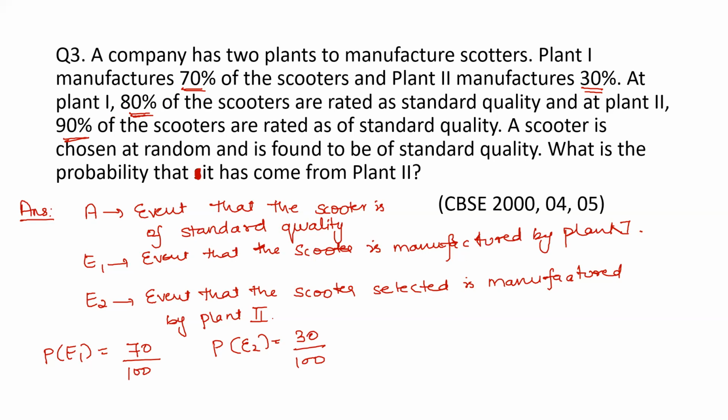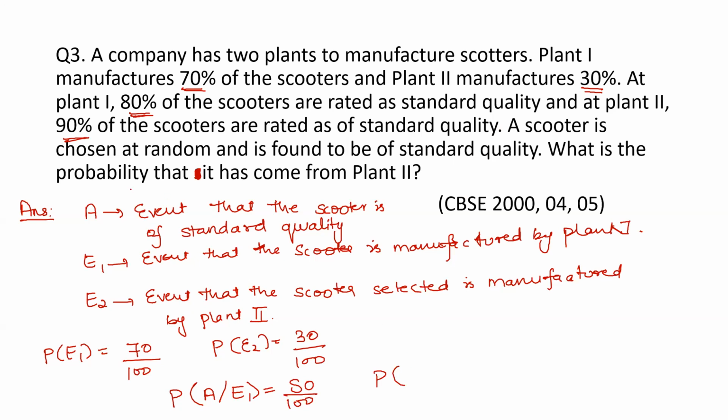A is that the scooter is of standard quality, and it is given that it is manufactured in plant 1. So it is 80 by 100. Clear up to now?